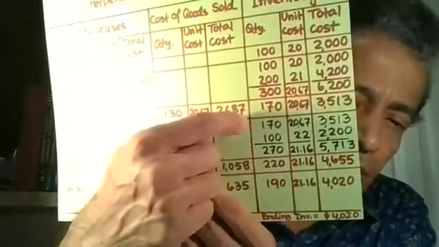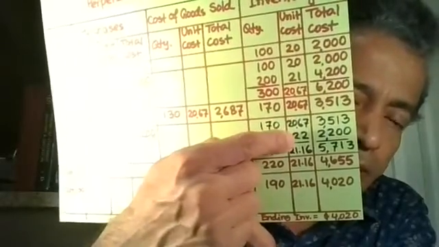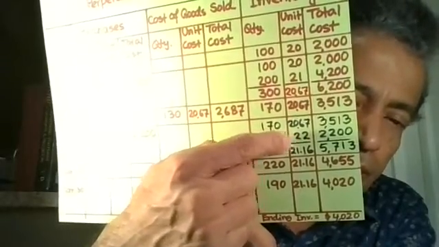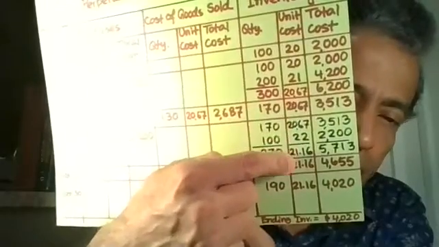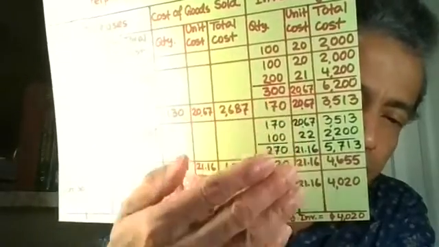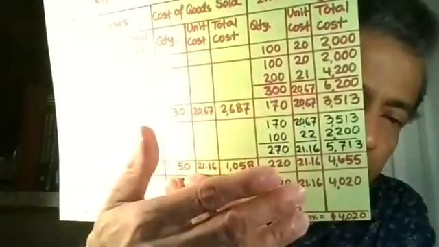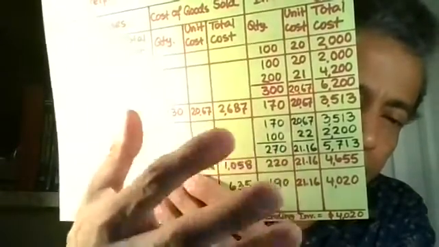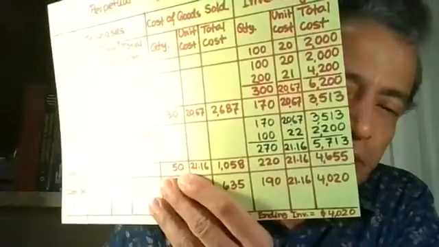You just use that average, 170 units at the average price of $20.67 plus 100 units at the price of $22. So let's find a new average. That's why we call it moving average as well. You can see the average is moving. The more pricey items you add, your average is going to creep up. If your new acquisitions are cheaper, then your average is going to keep going down.